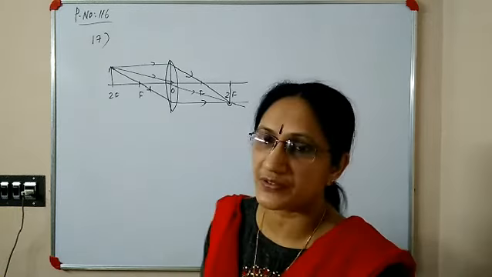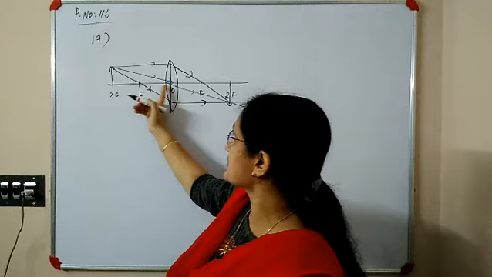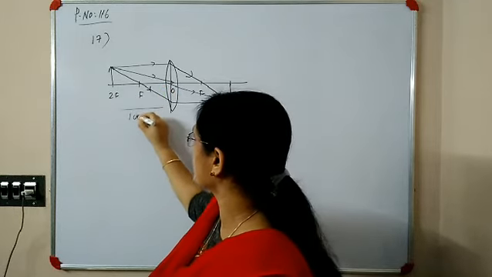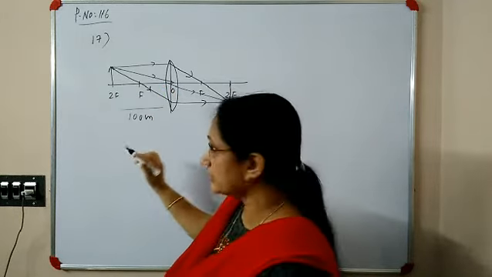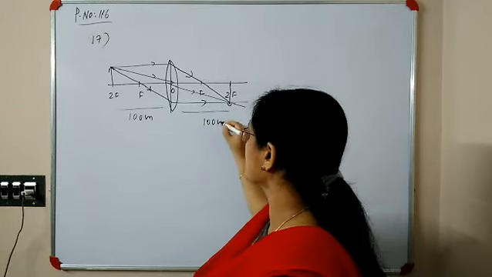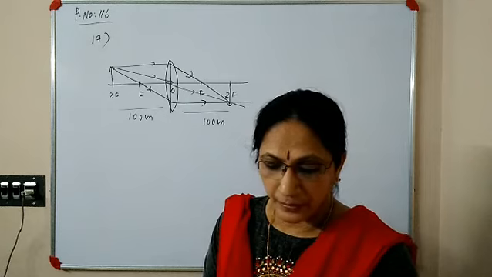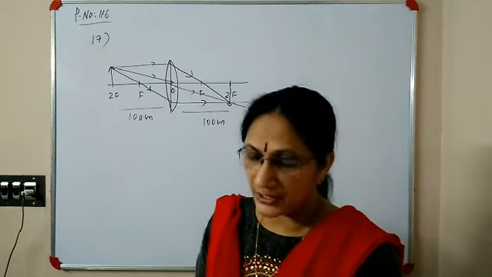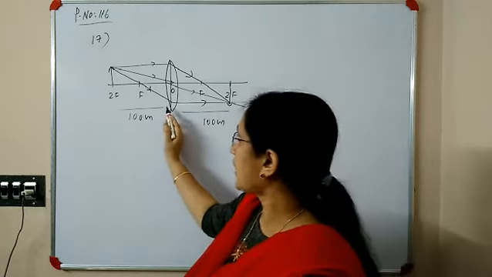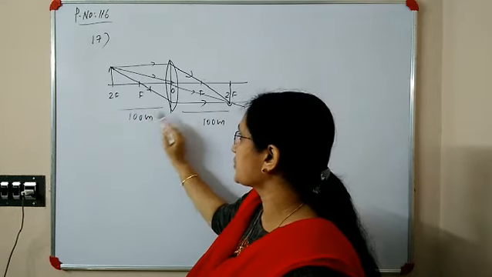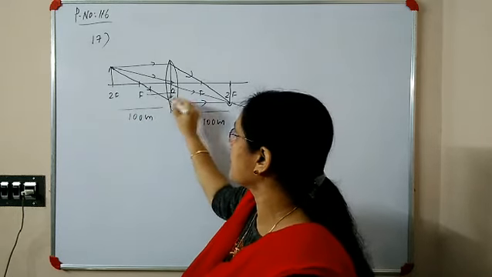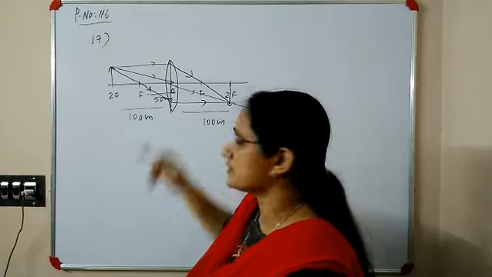This diagram gives the answer. An object is placed at a distance of 100 centimeter. For example, here the image is also forming at the same distance. Then what is the focal length of the lens? The distance, the radius of curvature, you got as 100, its half will be the focal length, that is 50 centimeter.